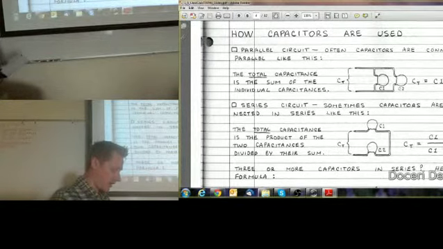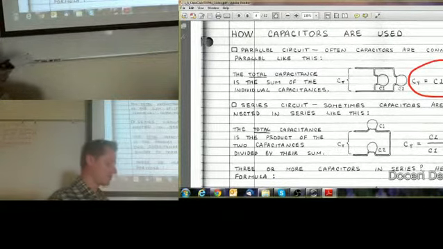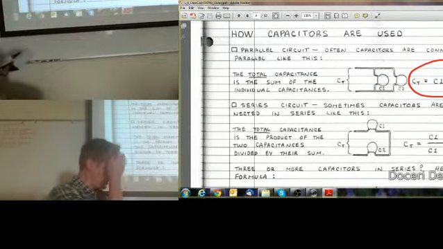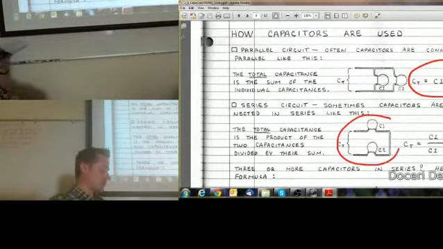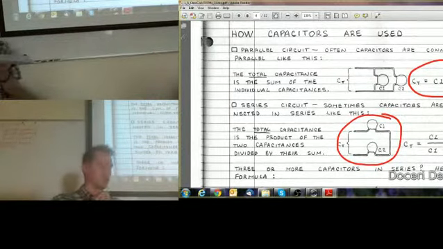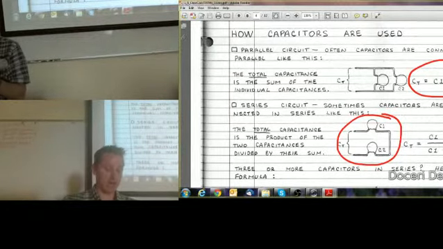So the equation is going to be C total is equal to C1 plus C2. However, if you have a couple of capacitors in series, you don't really get the same effect. Actually, if those are equal capacitors, the total effect is going to be half the capacitance.